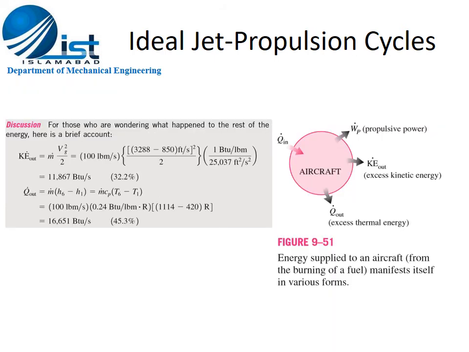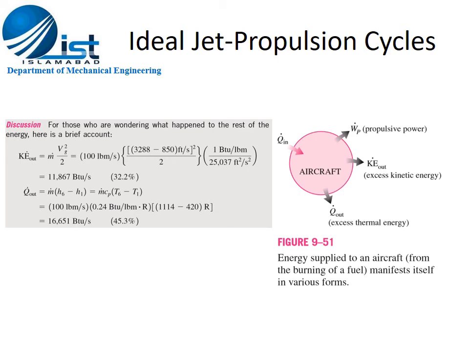So where does the rest of the energy go? The question arises. Remember, in case of an aircraft, the heat input occurs between 3 and 4, and we have calculated the propulsive power and the Q_in. From these two values we found the efficiency, which was 22.5%.